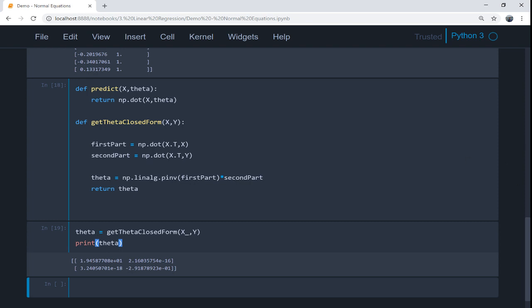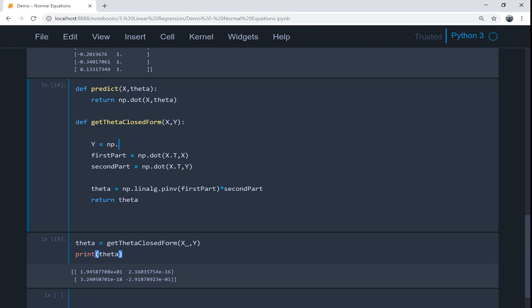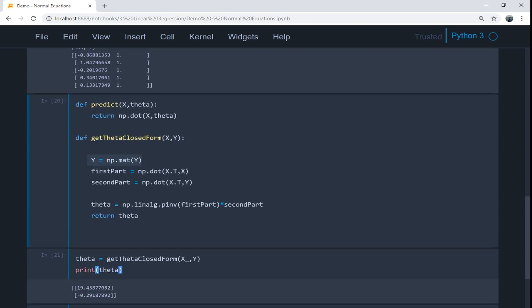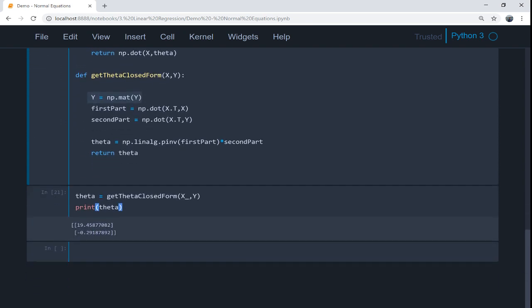So let us see if we have made some mistake here. Yeah, so for this thing to work properly, we should also convert y into a matrix, right? And earlier I think y was a vector, but now y is a matrix, and clearly you can see, right, we are getting two values of theta. The second value is for the bias and the first value is for the theta or the weight, right?